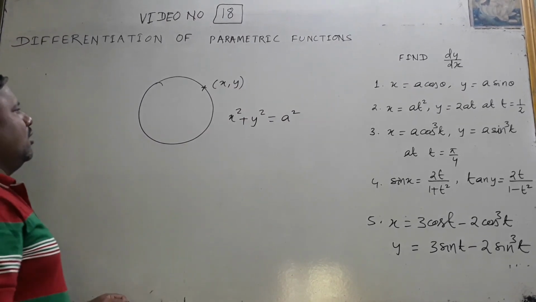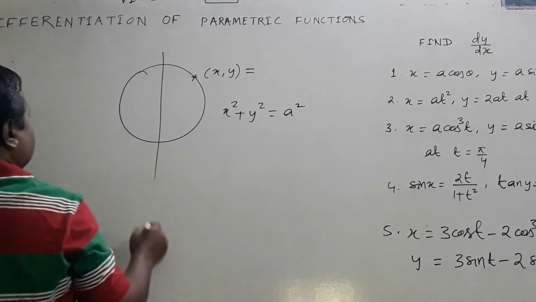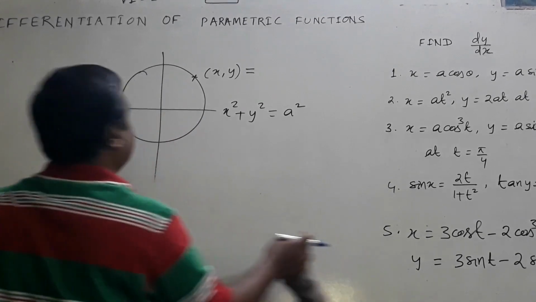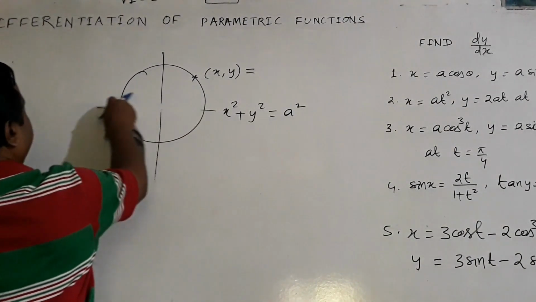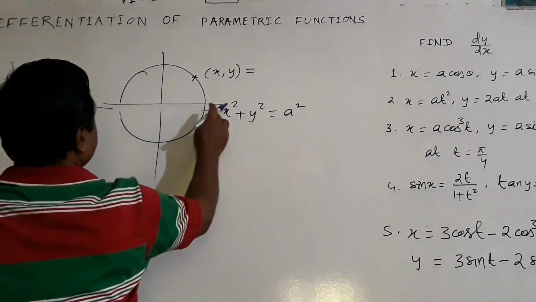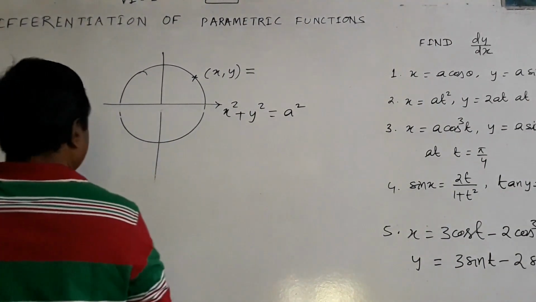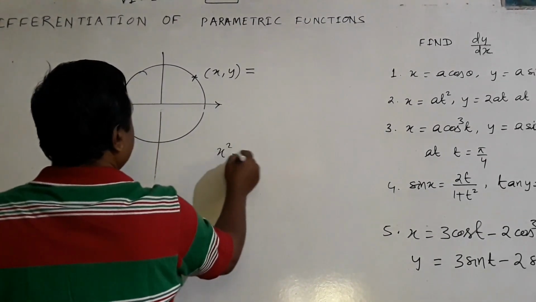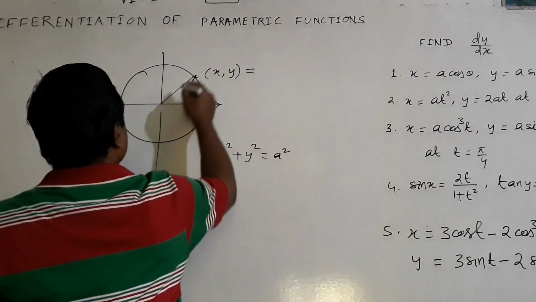Suppose this is my x-axis and that is the y-axis, and the equation of the circle is x square plus y square is equal to a square, and you know its radius is a.